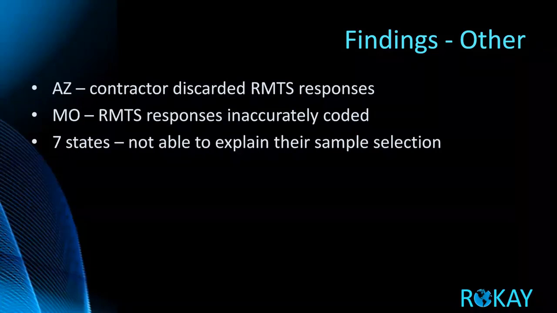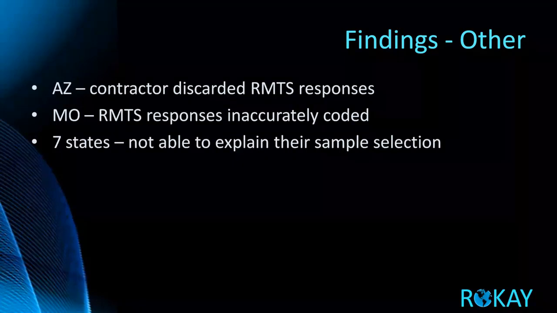Missouri listed activity codes on their random moment time study that did not match activities that these providers were actually performing. And the last one is 7 states that had absolutely no documentation to support how they determined their sample size.